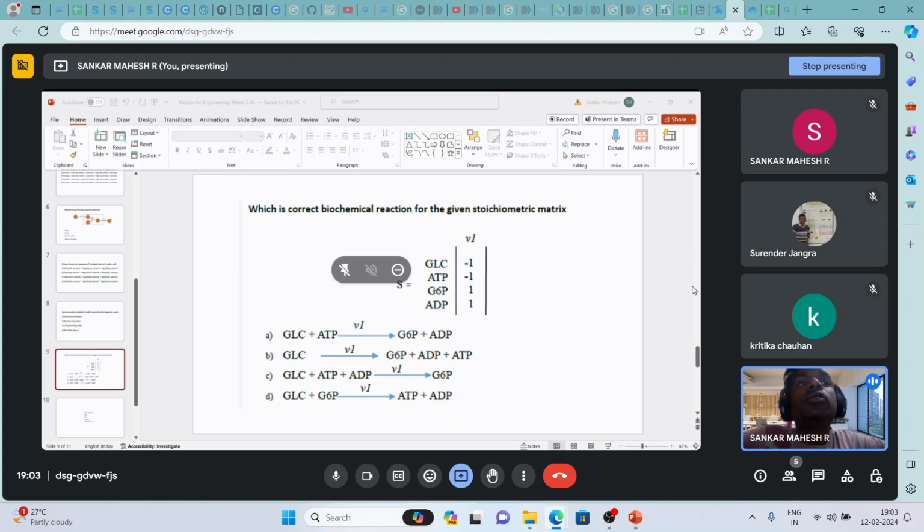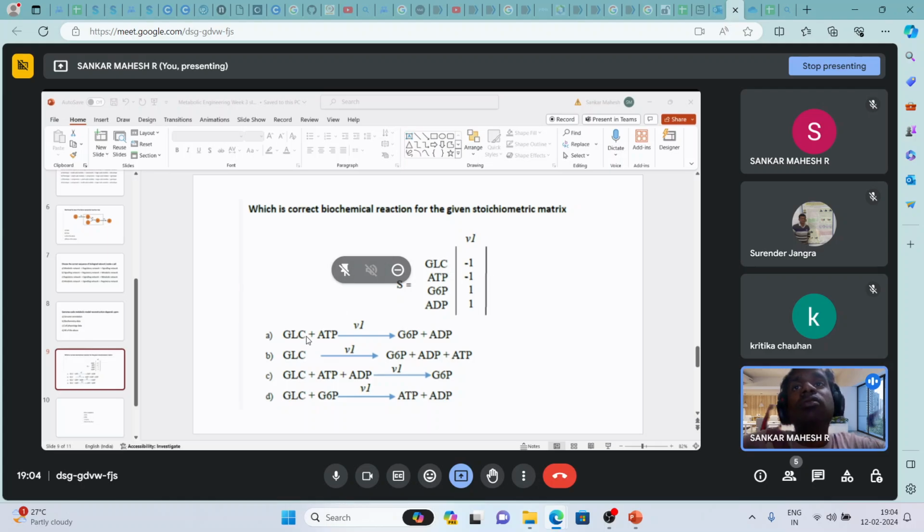Yeah, so the values here have two different signs, positive and negative. Generally, these stoichiometric matrices are reconstructed from chemical reactions. If in a chemical reaction a metabolite is being consumed, then depending on the stoichiometry, that is the number of moles of the metabolite consumed, it is given a negative sign.